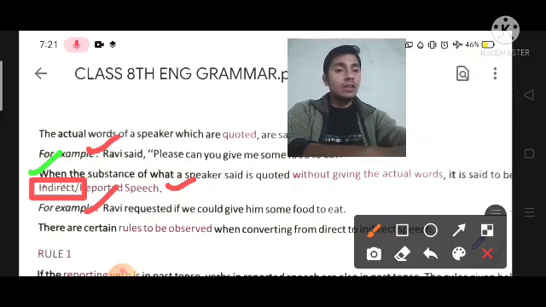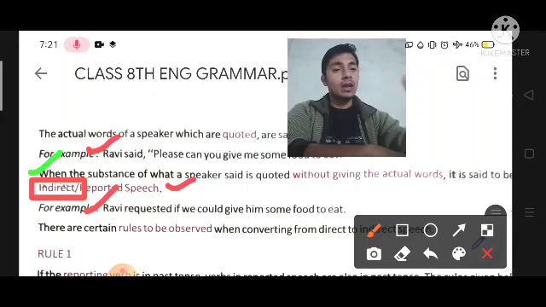The statement of the direct speech is divided into two parts. The first part is where the speaker is given, the statement said by Ravi. Over here this is called the reporting speech, because Ravi is reporting something, and the news that he has reported, the statement that he has reported, is called reported speech.